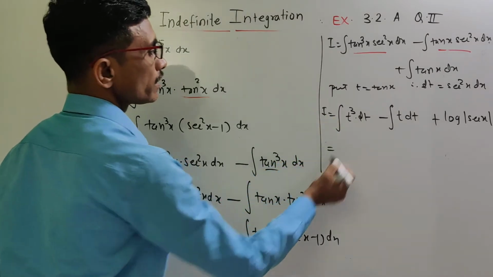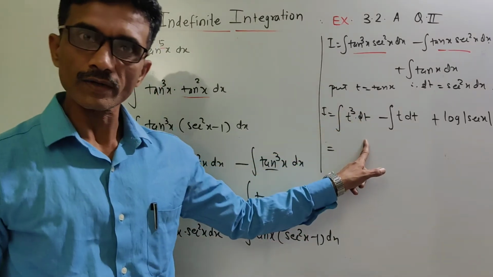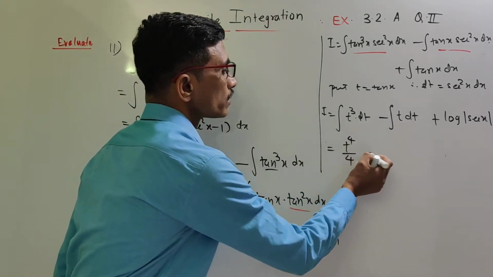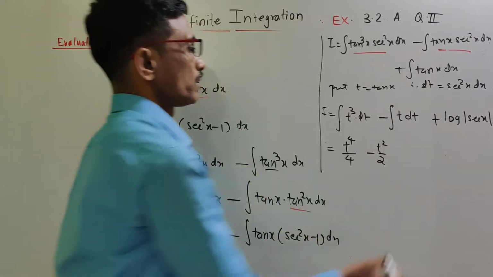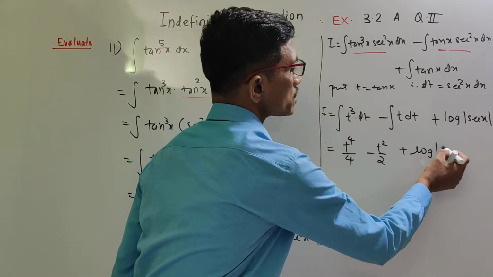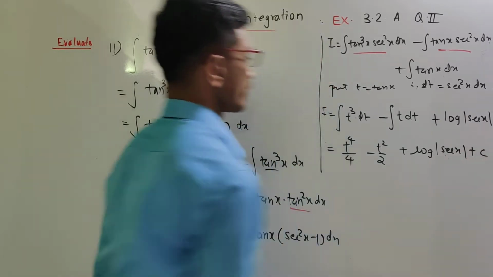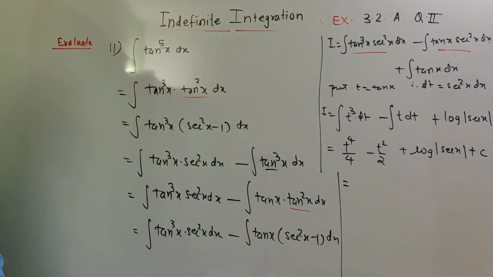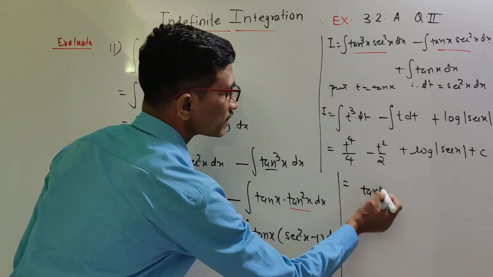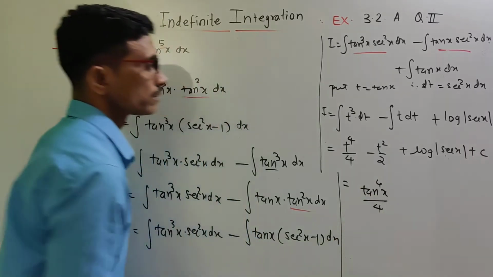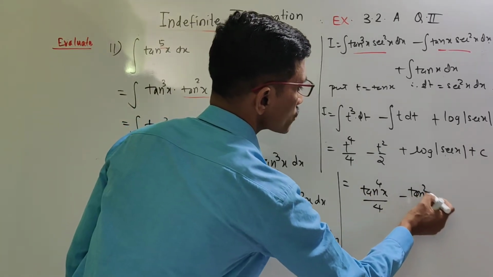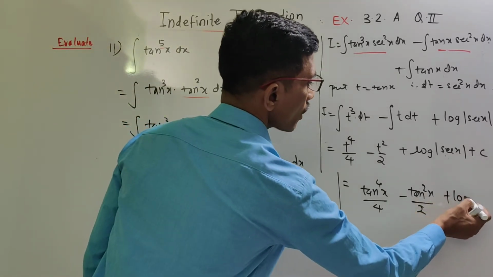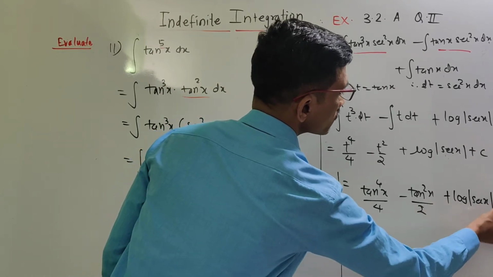Integral x raised to power n is x raised to power n plus 1 upon n plus 1, तो ये आएगा t raised to power 4 अपॉन 4, माइनस t स्क्वायर अपॉन 2, प्लस log ऑफ sec x प्लस c, विच इज, t इज व्हाट tan, सो tan raised to power 4 x अपॉन 4 माइनस tan स्क्वायर x अपॉन 2 एंड प्लस log of sec x plus c.